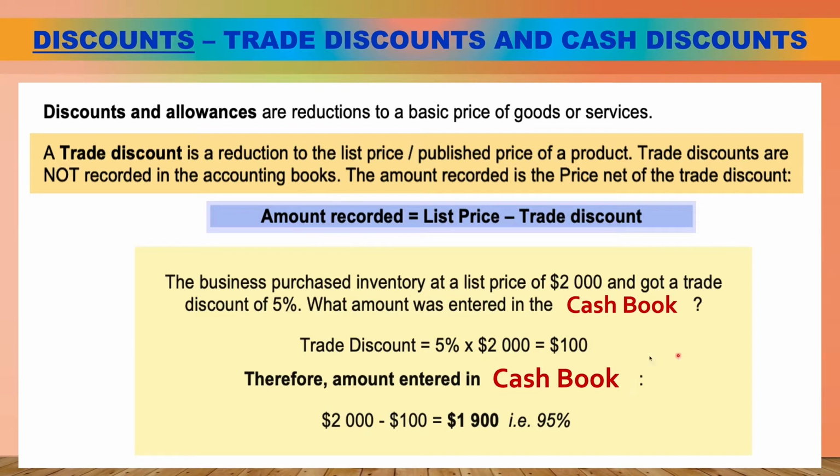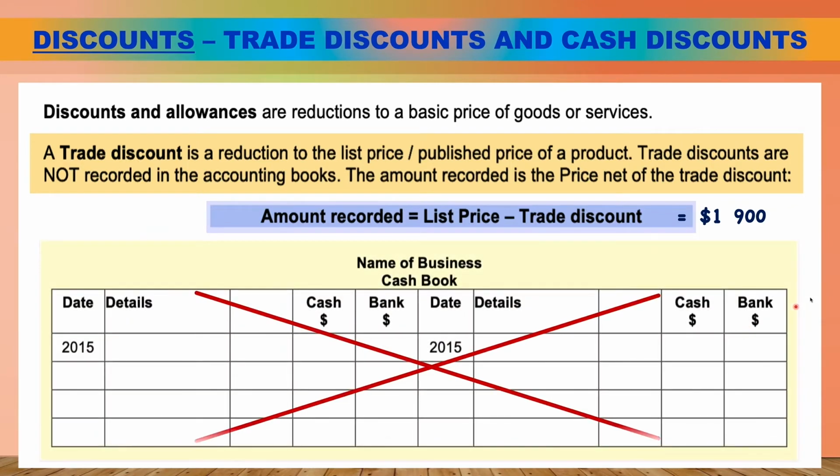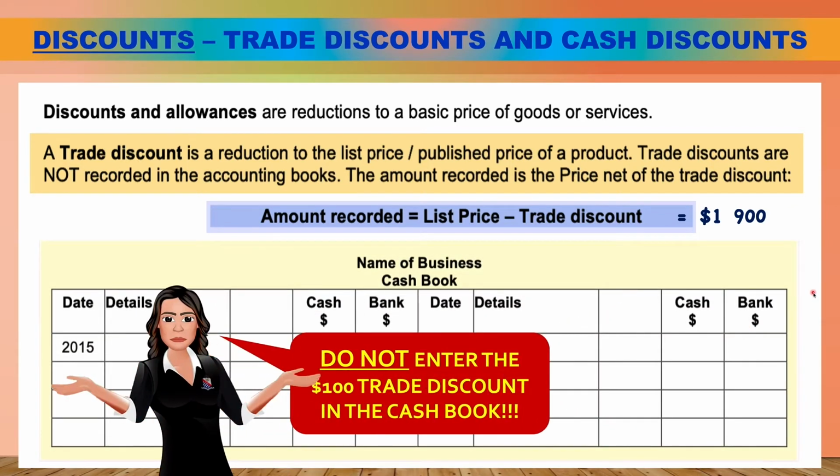What you will see will be your net figure, the amount after your trade discount, the amount that you actually paid. So you purchased, the list price was $2,000, but you actually got it for $1,900 because we got a trade discount. So it is this $1,900 that is entered in our cash book, not the trade discount of $100.